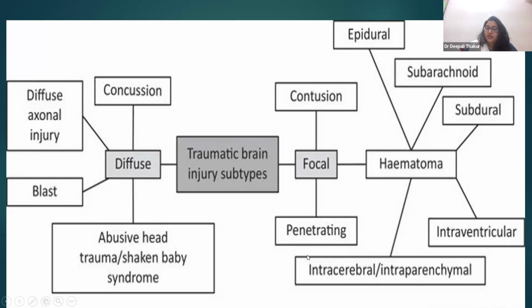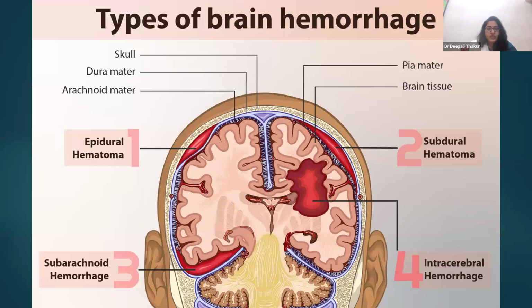There may be a penetrating injury because of a gunshot or some iron rod or sharp object, or it can be a diffuse brain injury leading to concussion, diffuse axonal injury, and shock wave. We also can get a typical shaken baby syndrome. So diffuse injury in small babies, we do get such kind of cases.